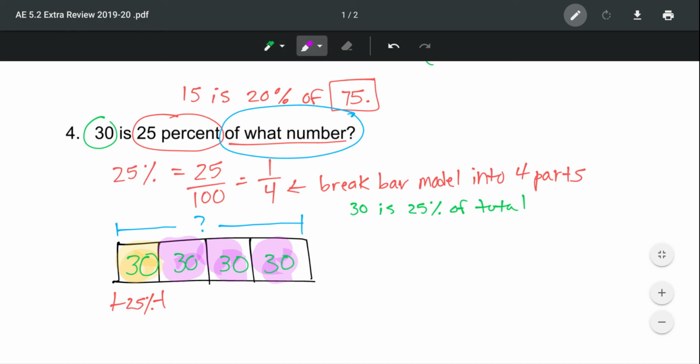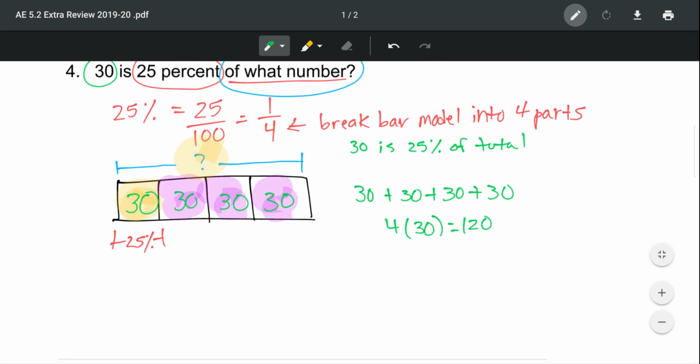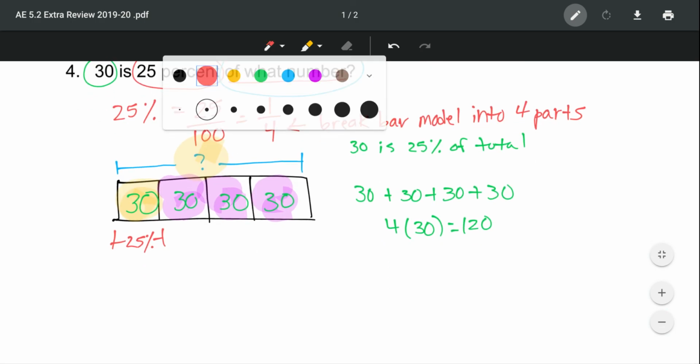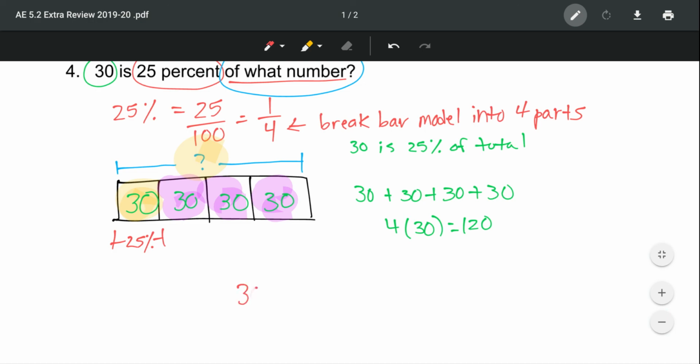To get the total, which is what we're being asked to find, we can take 30 plus 30 plus 30 plus 30, or you can take 4 times 30, which is 120. So our answer is that 30 is 25% of 120, and 120 would be our answer.